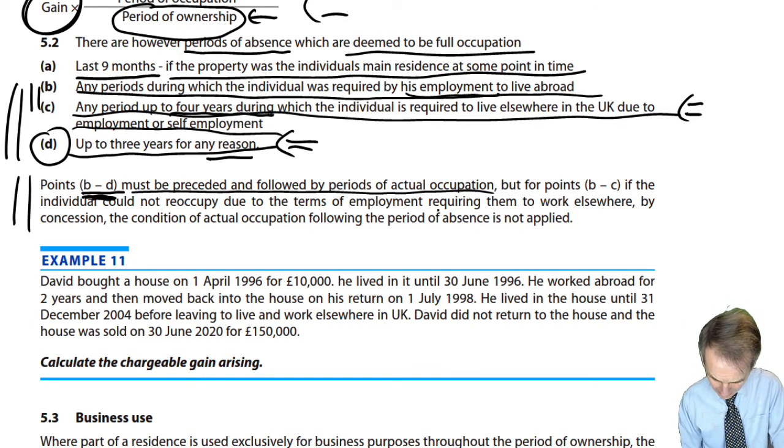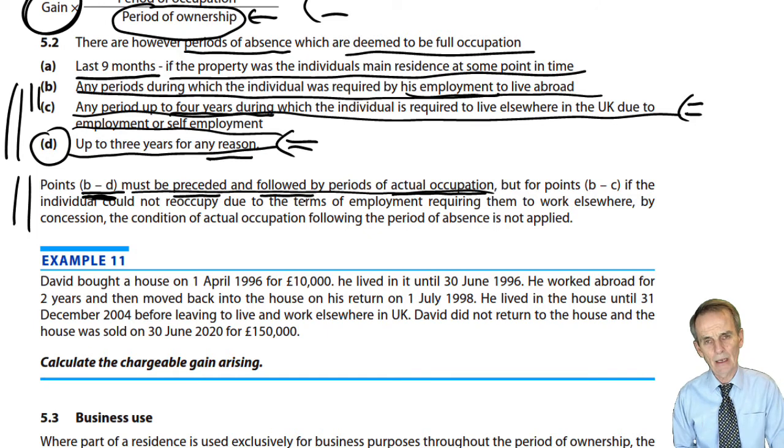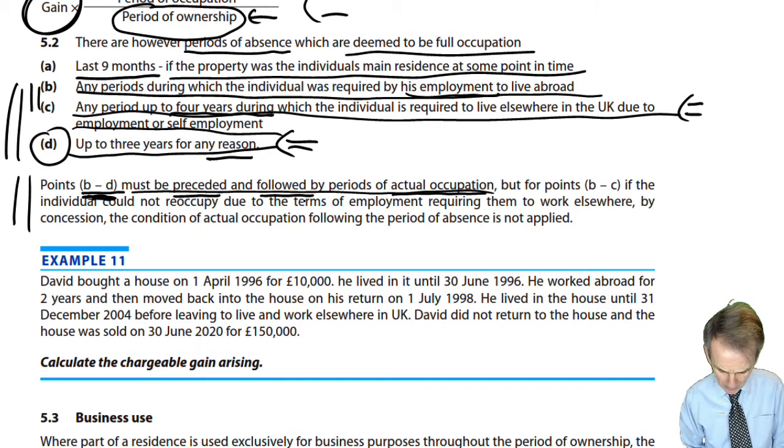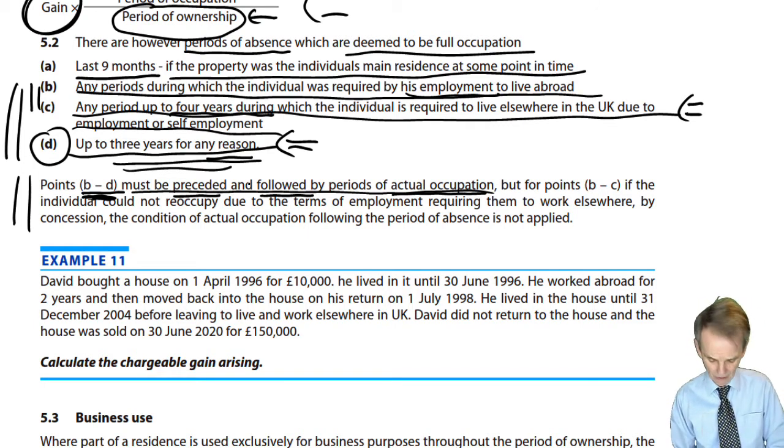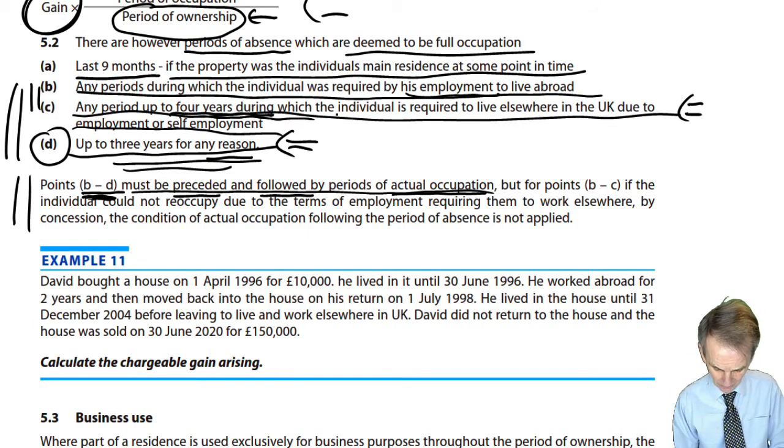Now, this is where this issue of actual occupation preceded and followed comes in. So if, when I went away for 5 years to work in London, I returned and lived in my Birmingham property before I sold that property, then I would be entitled to this 3 years for any reason, and also, of course, be entitled to the 4 years for working elsewhere in the UK.